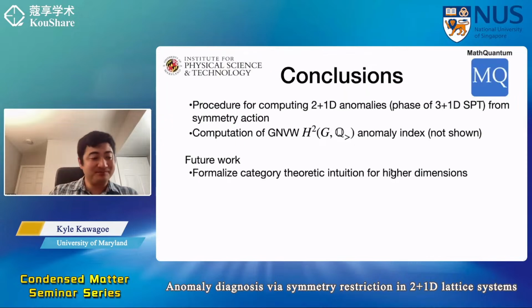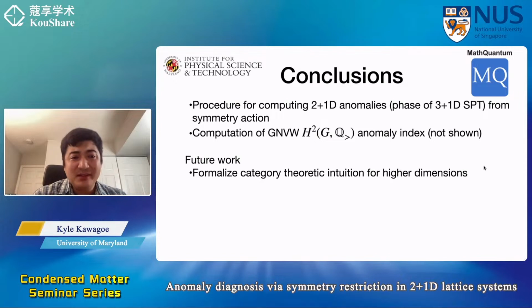So just to conclude, I showed you a way to compute 2+1 dimensional anomalies in lattice models, or symmetry anomalies in lattice models in this dimension. In particular, computing this sort of 't Hooft anomaly.